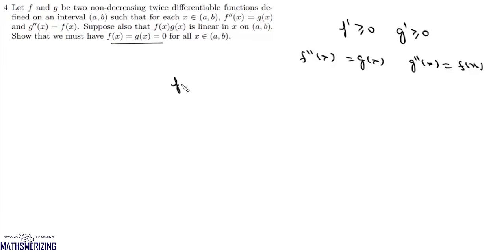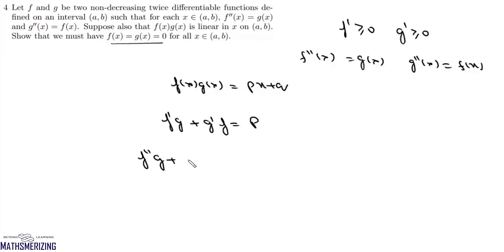Now it is given that f(x) into g(x) is a linear function, say px plus q. Now we'll differentiate, we'll get f dash g plus g dash f equal to p, and we'll differentiate again, we'll get f double dash g plus f dash g dash plus g dash f dash plus g double dash f equal to 0.